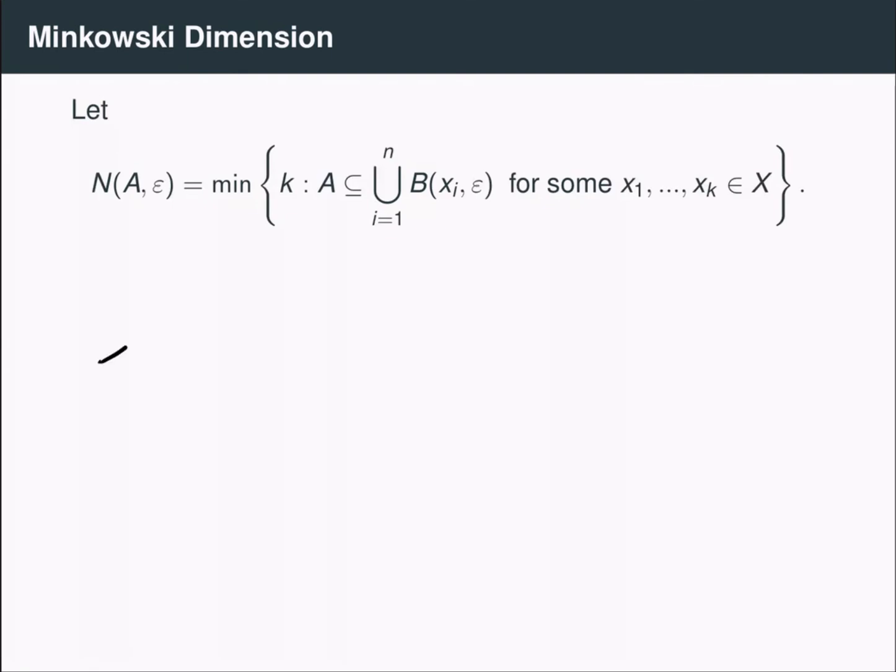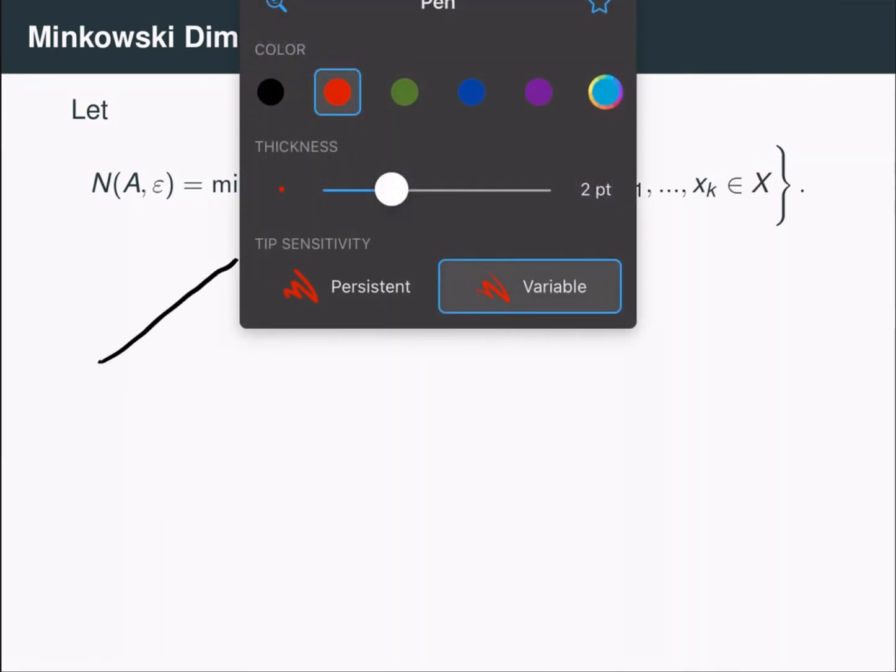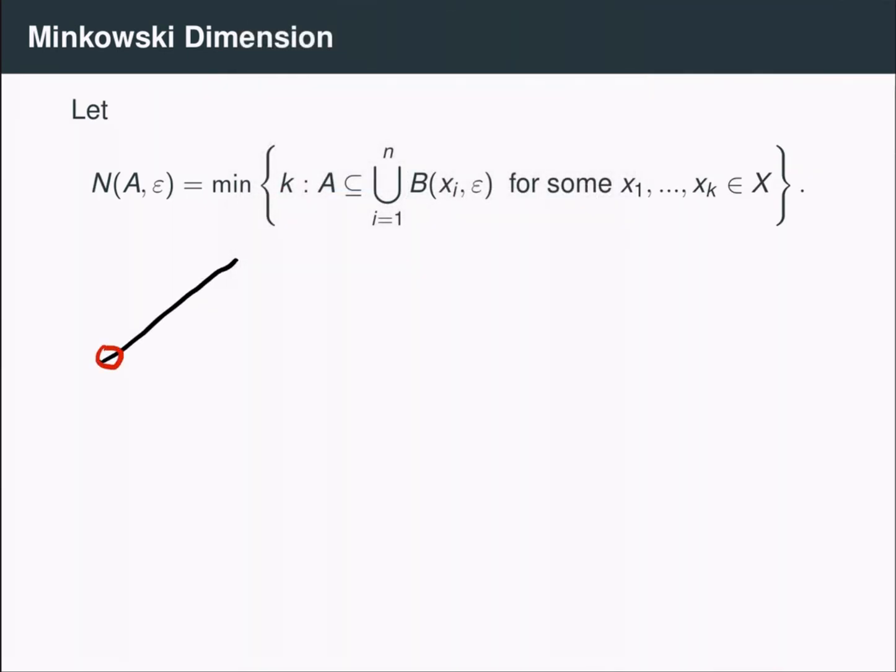In the sense that, for example, if we consider a line, and we cover this by balls of radius epsilon, so let's say this line has length 1, one can show that N_A(epsilon) is approximately 1 over epsilon as epsilon goes to 0.